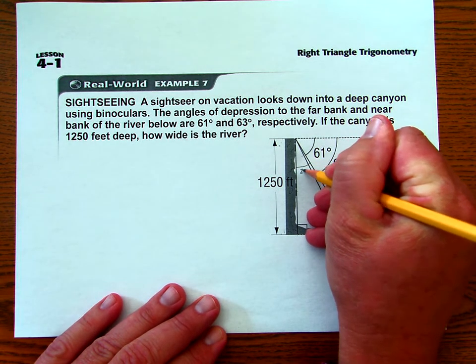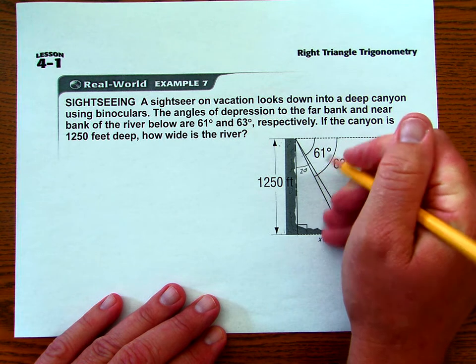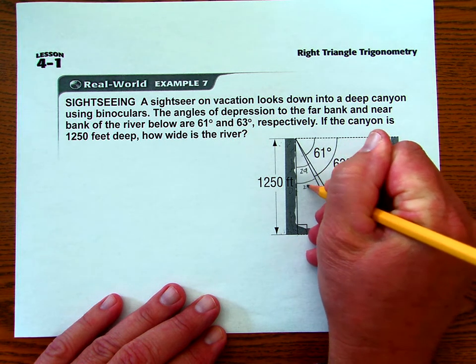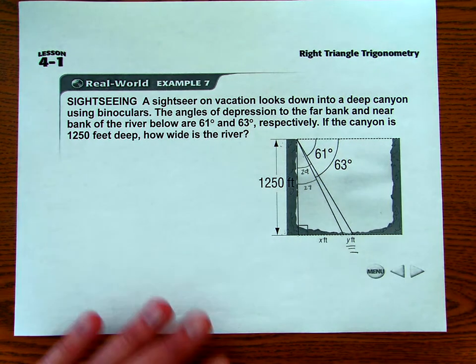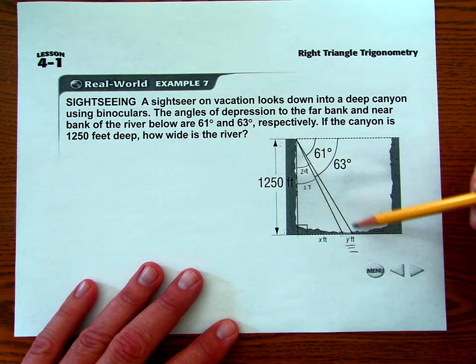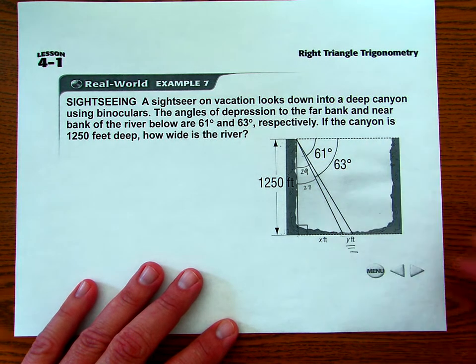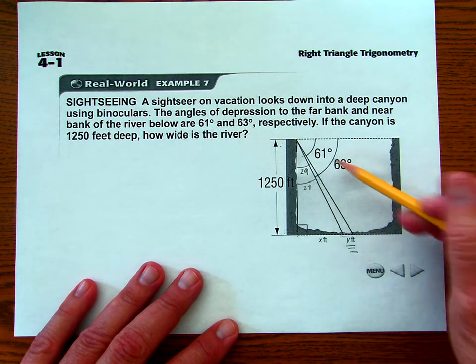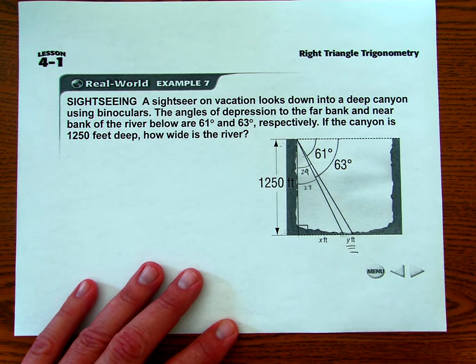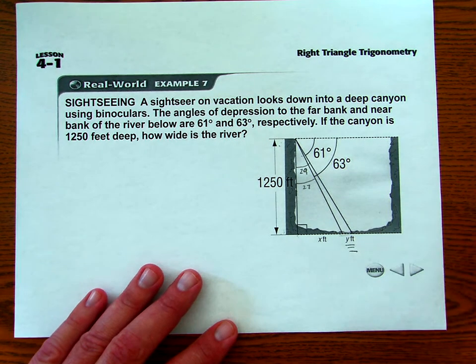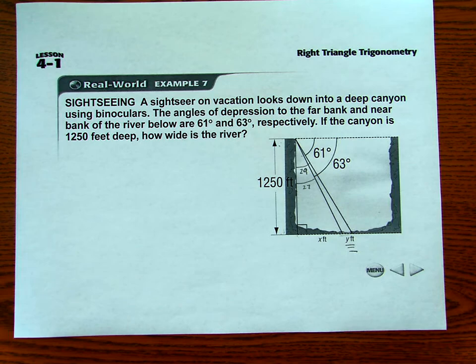If this is 63, that angle from there to there is 27. If we're going to use these triangles down here, we either have to make that adjustment with the fact that we have right angles, or use these angles down here as alternate interiors. You can't use the 61 and 63 with those triangles as is, because those 61 and 63 degrees are not part of the triangles that we have in the picture.